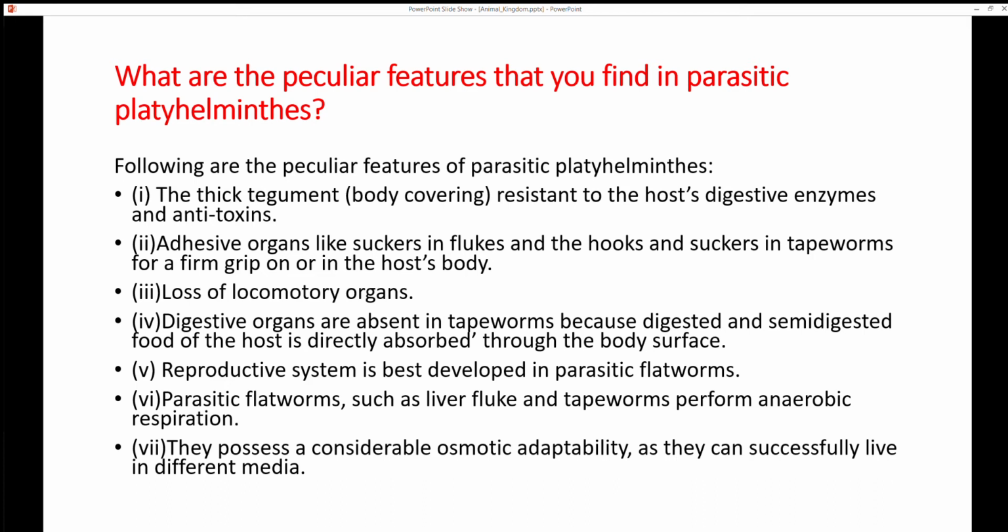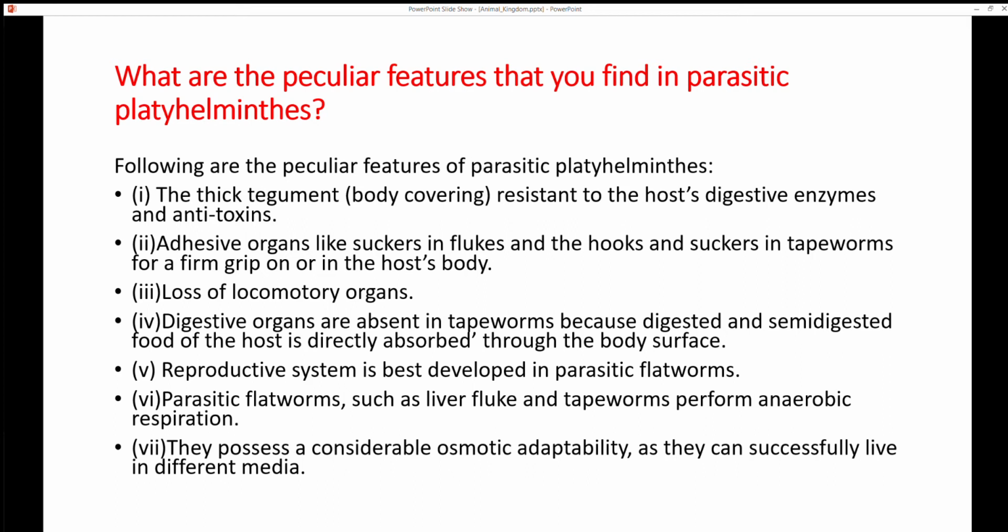So the body covering will protect against the digestive enzymes and antitoxins. The adhesive organs like suckers in flukes and hooks and suckers in tapeworms give a firm grip on the host body. So these suckers will hold the parasite to the host.